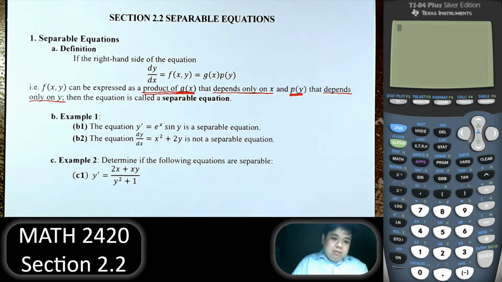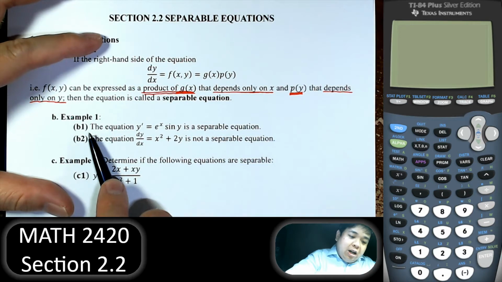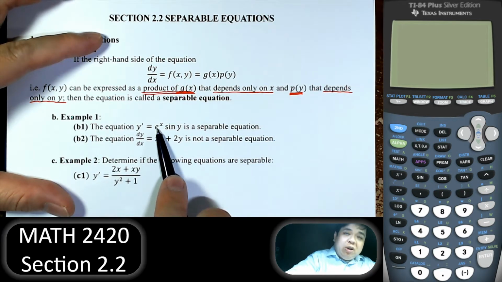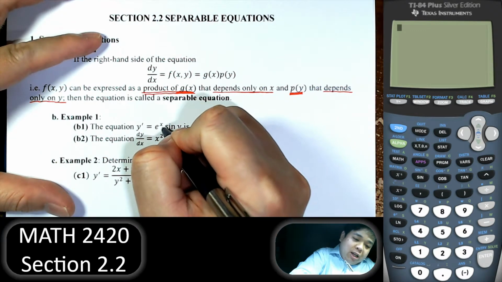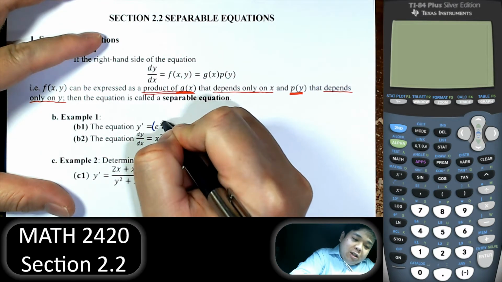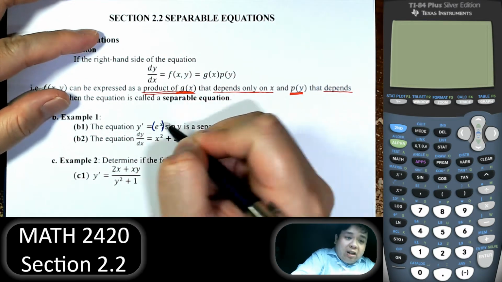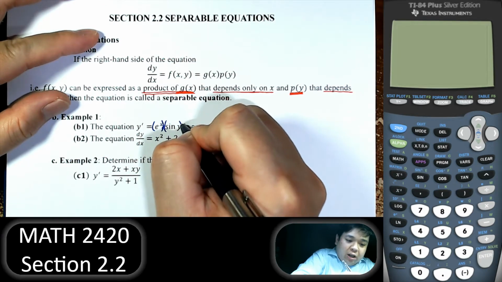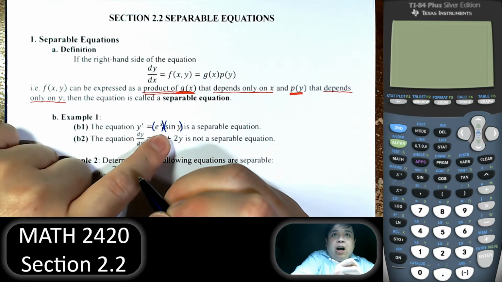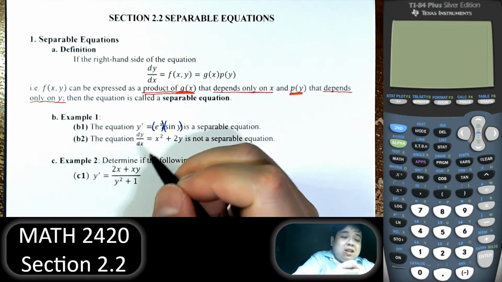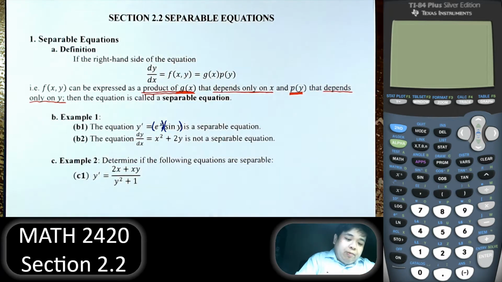For example, the equation y prime equals e to the x sine y is a separable equation, because e to the x is a function of x times sine y is a function of y. So yes, this is a separable equation.